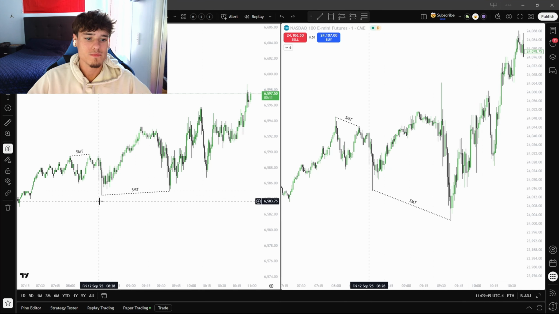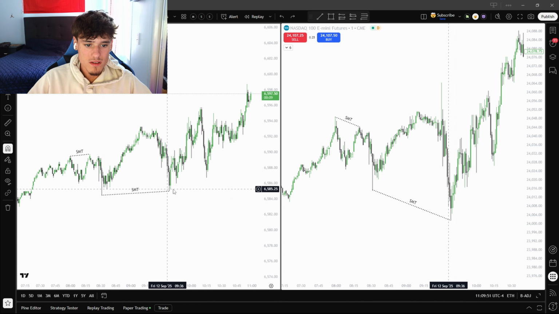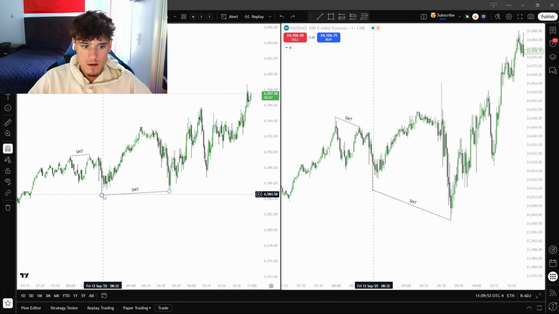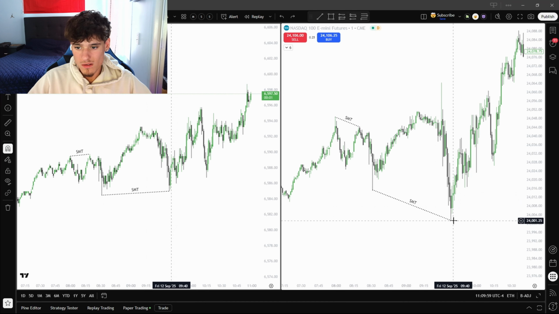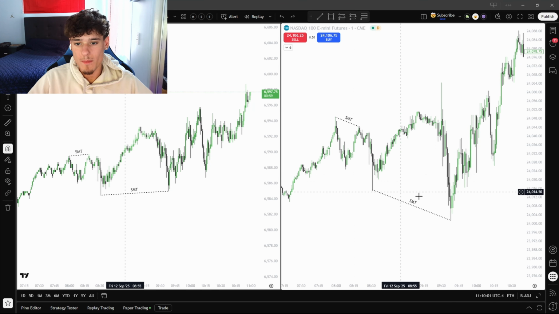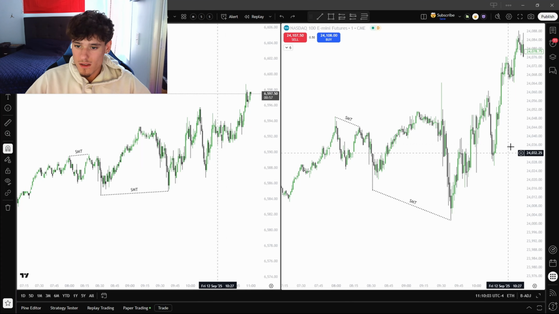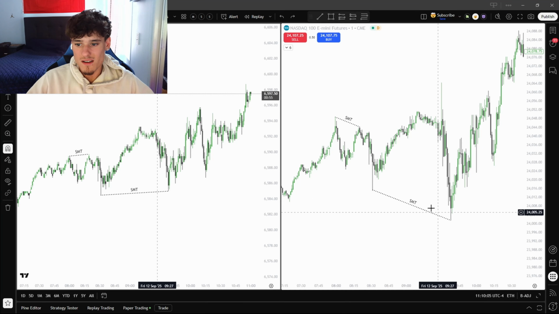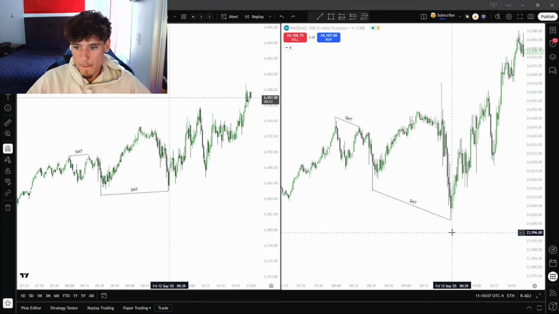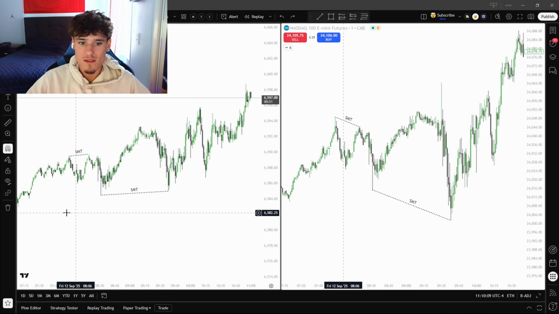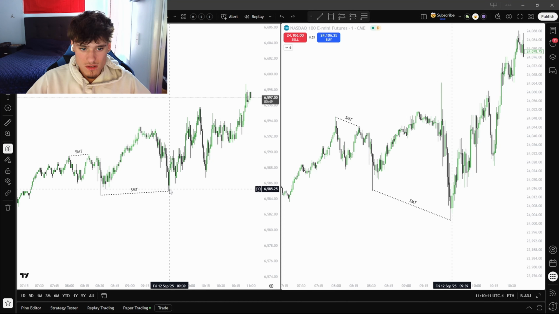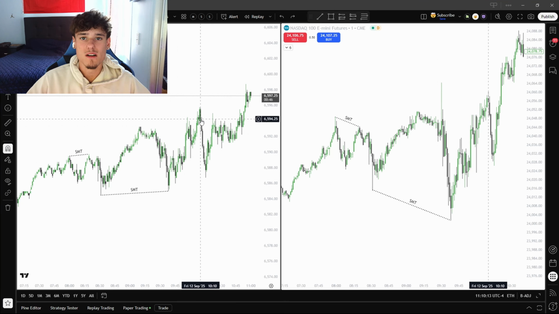Now, is there another one? Absolutely there is. Right here, we have SMT, SMT, coming from a low to a high, from a high to a low. As you can see, once again, coming from the downtrend, bang, back to the uptrend. Again, down to the downtrend, back to the uptrend.